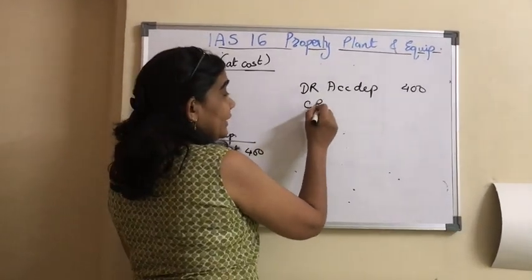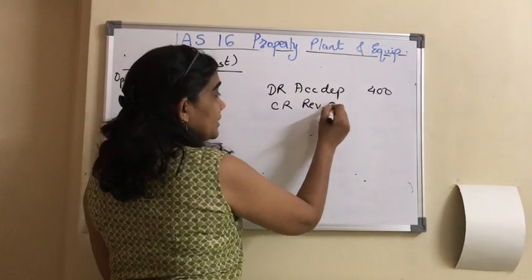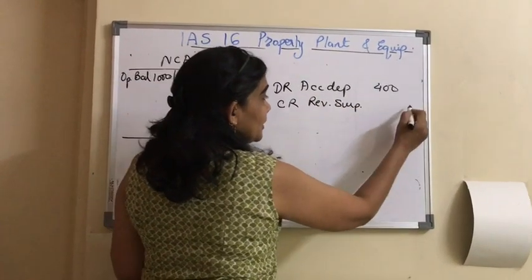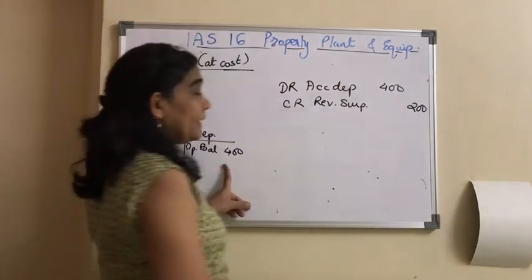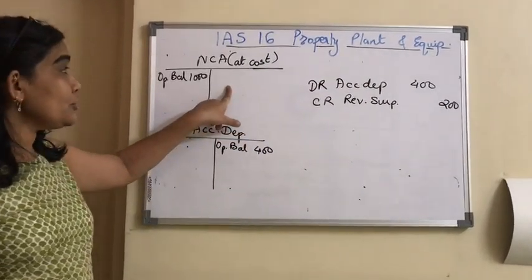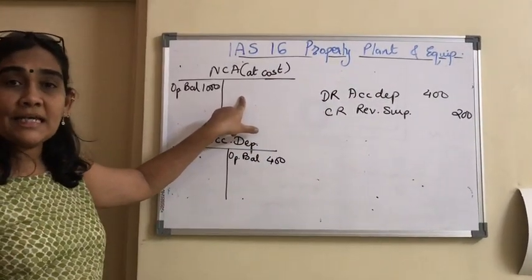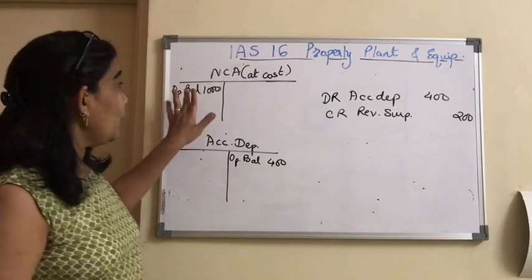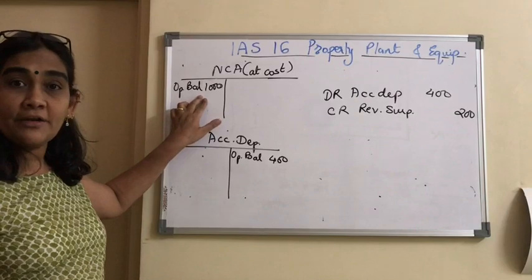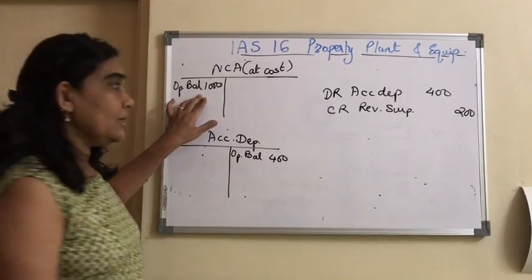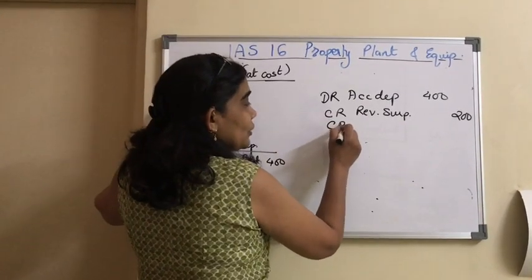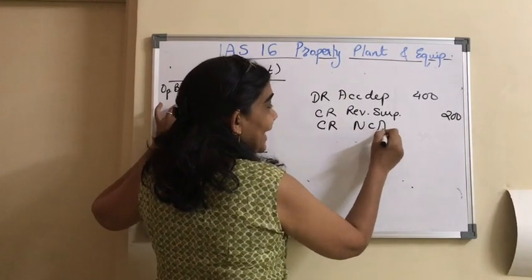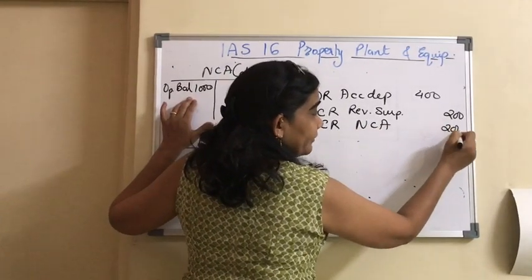Okay, so credit revaluation surplus, which was 200, correct? And we need to show the non-current asset at 800, right? So we need to reduce 200 from the asset. Therefore, we will also credit non-current asset 200.